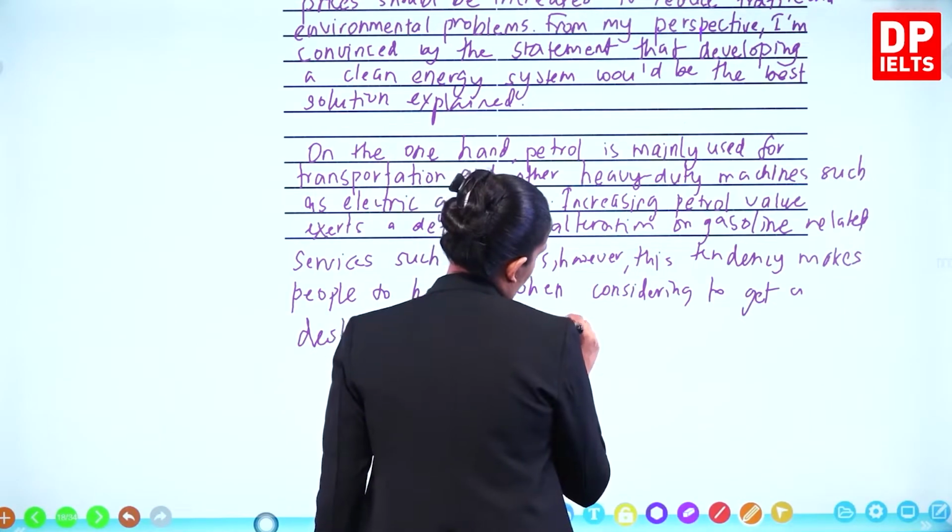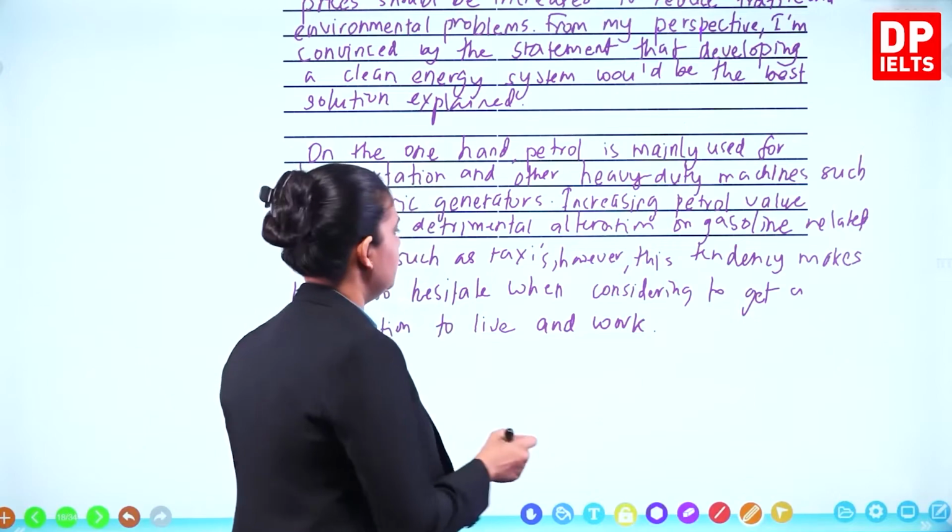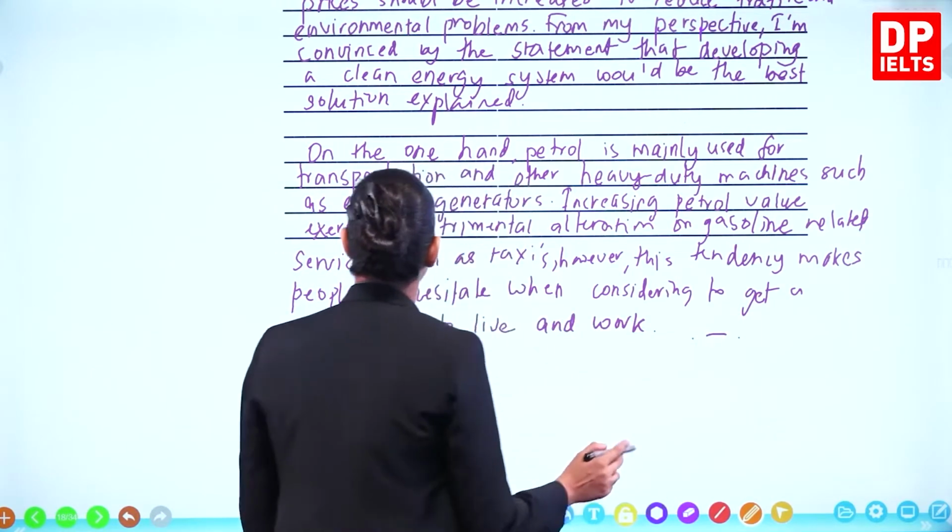Live and work. Right. So you can continue to write this bit of the paragraph.